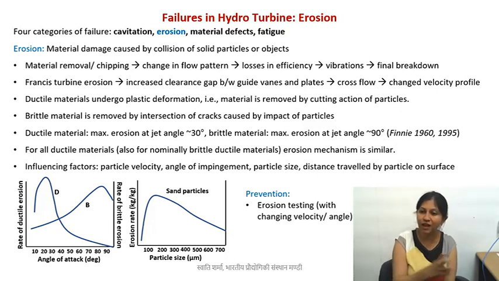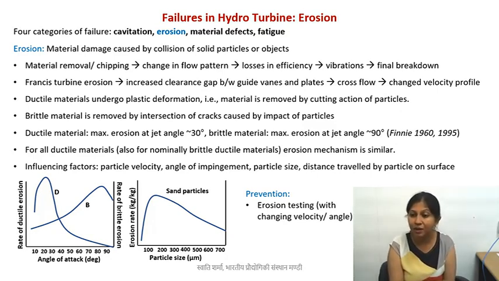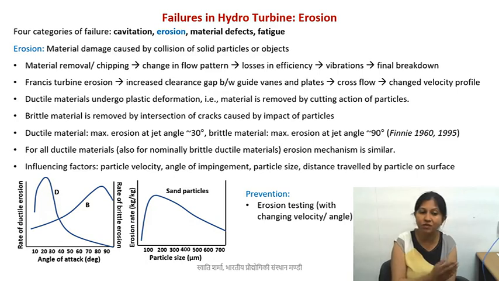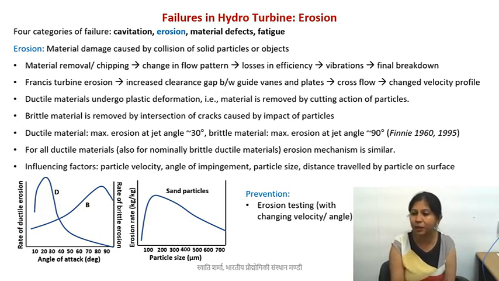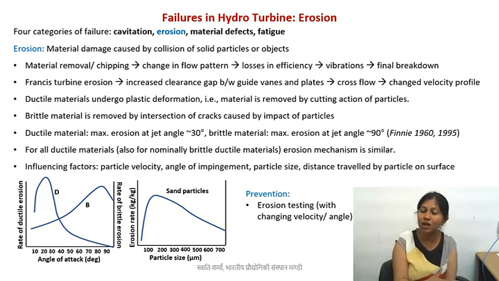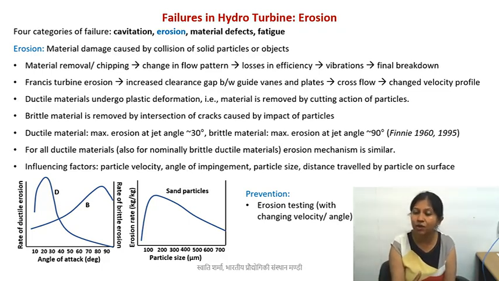You can factor these things into your design, and you can also, if possible, change the jet angle accordingly, because the waters of different places are different. The composition of sand in these waters is different. So accordingly, also the particle size: maybe some water has, say, 70% of the sand particles within the 100 to 200 micrometer range. Maybe some waters have only very small sand particles. So accordingly, you can perform these tests and change the design.